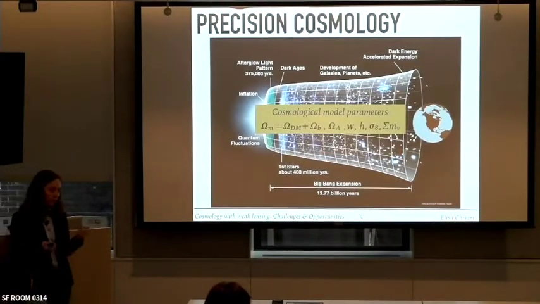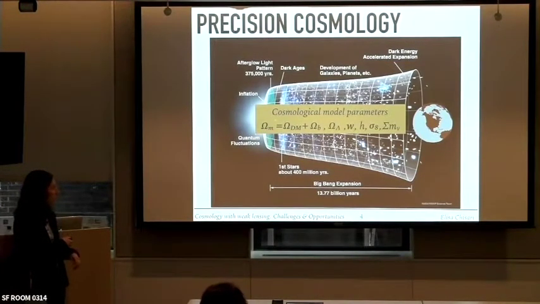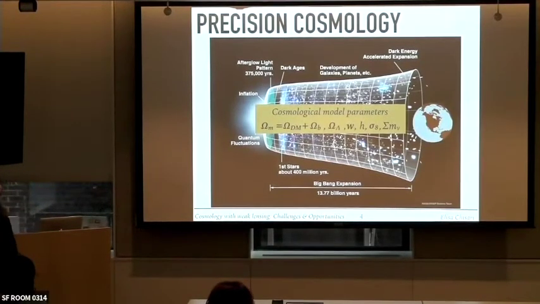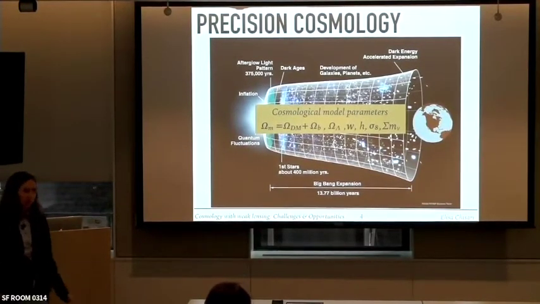And we're going to quantify that information in terms of a set of cosmological parameters that describe our model for the universe, that tell us how much matter there is in the universe in the form of dark matter or baryons, how much dark energy there is, what the equation of state of that dark energy is, the current expansion rate of the universe, the amplitude of the fluctuations, and occasionally the sum of the neutrino masses, which we can potentially also constrain with cosmological experiments in the next decade.